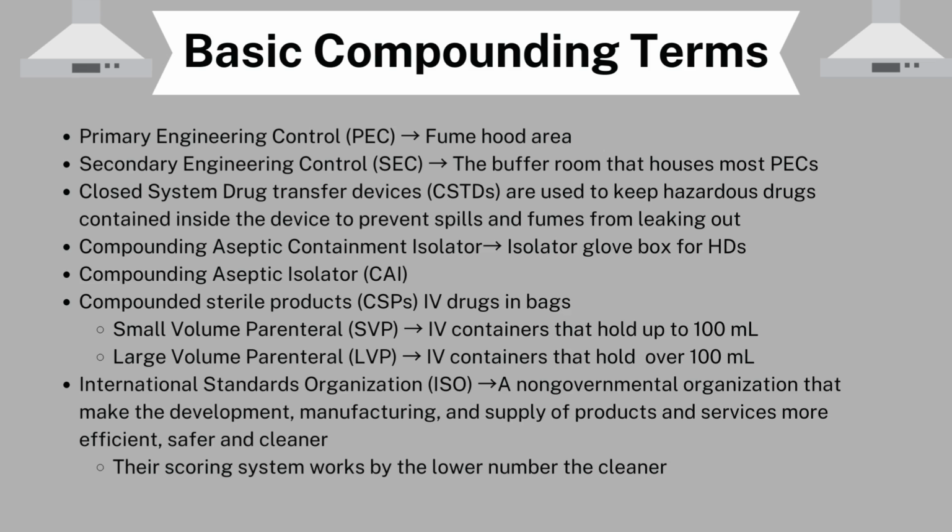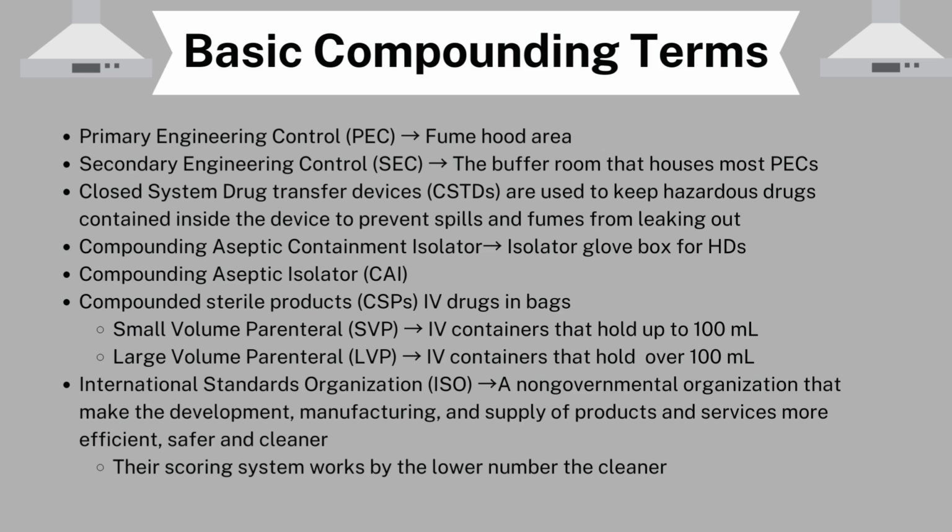We have the closed system drug transfer device, CSTD, which is used to keep hazardous drugs contained inside the device, and it prevents spills and fumes from leaking out. We have the compounding aseptic containment isolator, which is an isolator glove box for hazardous drugs. We have the compounding aseptic isolator, CAI.